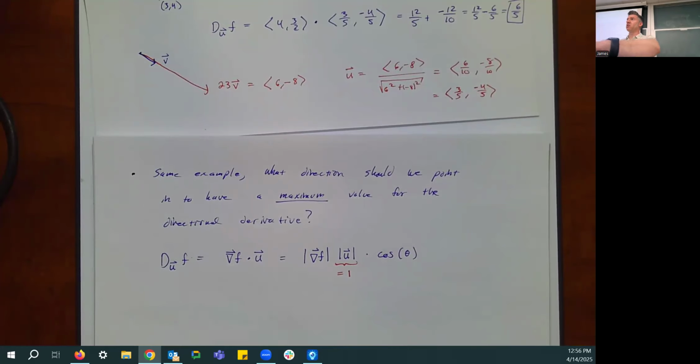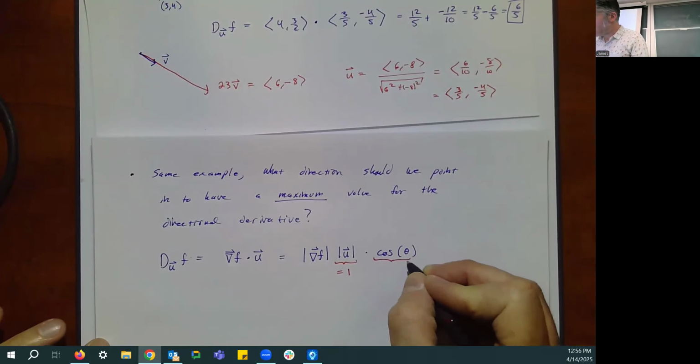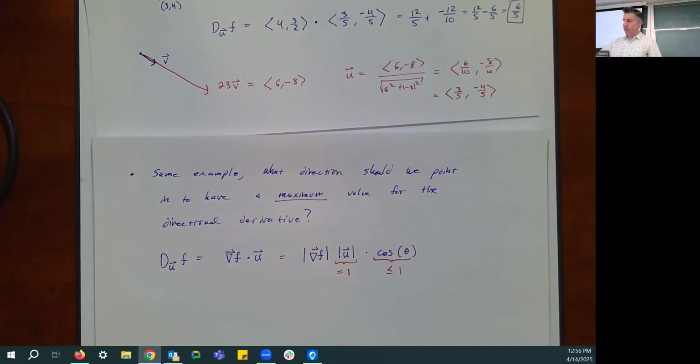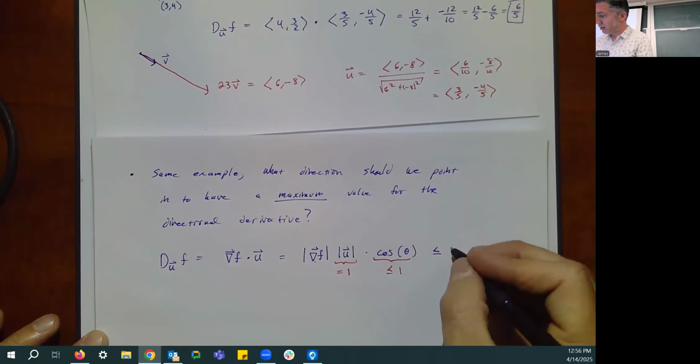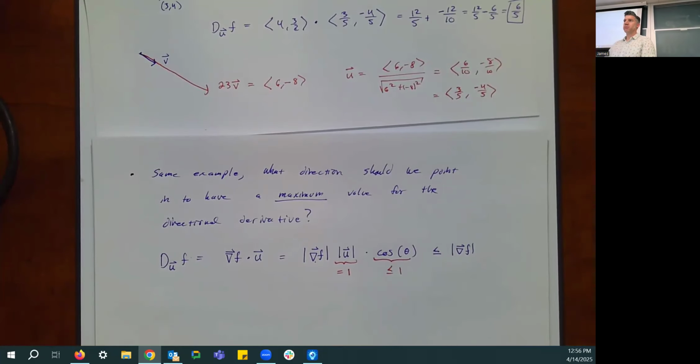Yeah, cosine of 0 is 1, cosine of pi over 2 is 0, cosine of pi is -1, but the maximum output value you can get for cosine and sine is +1, and the minimum is -1. So no matter what, this whole quantity is going to be less than or equal to the magnitude of the gradient times 1 times 1. Or in other words, the magnitude of the gradient is the maximum value we can get.